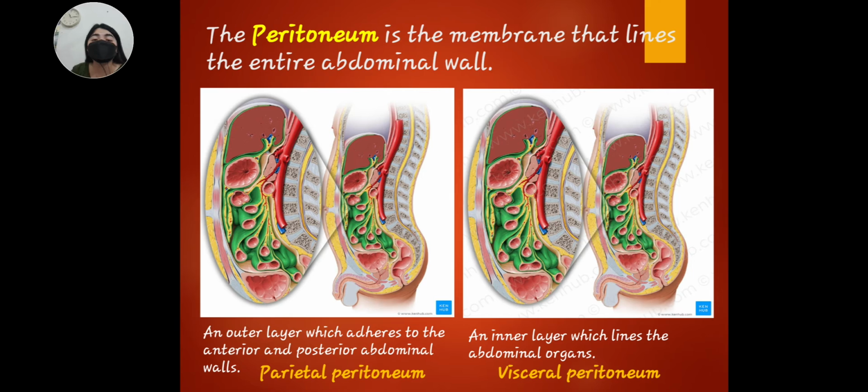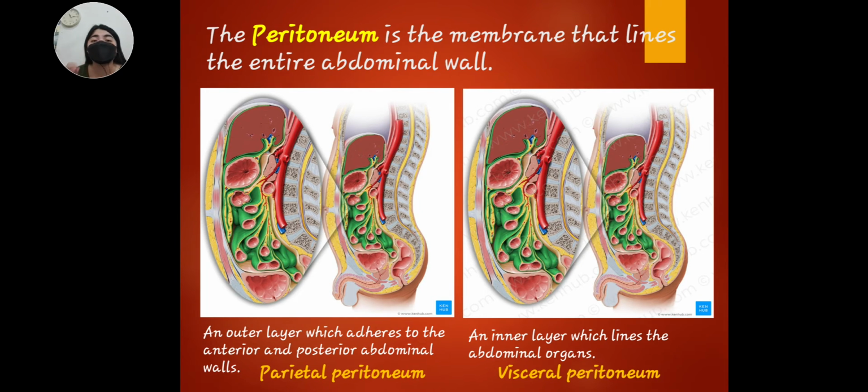When we say parietal, it is the outer layer, which adheres to the anterior and posterior abdominal wall, as you can see in this one. And the visceral is the inner layer, which lines the abdominal organs. The one inside is the visceral peritoneum, and the one outside is the parietal peritoneum.